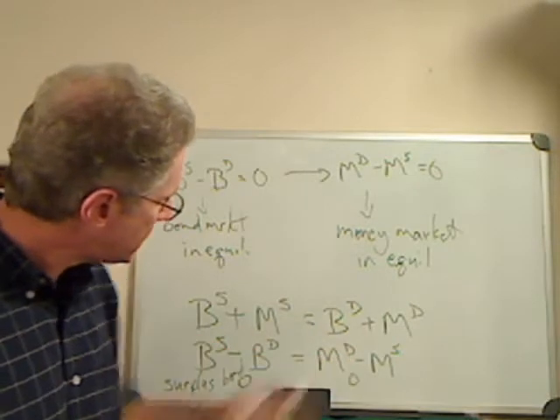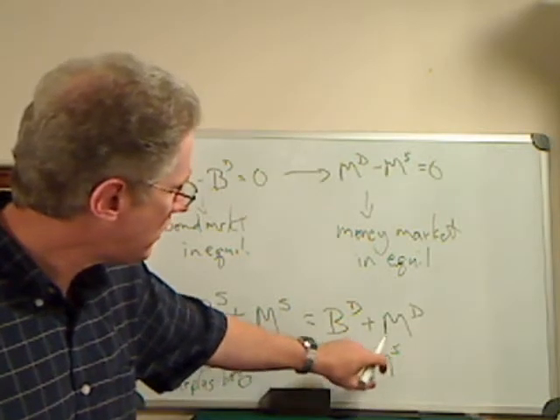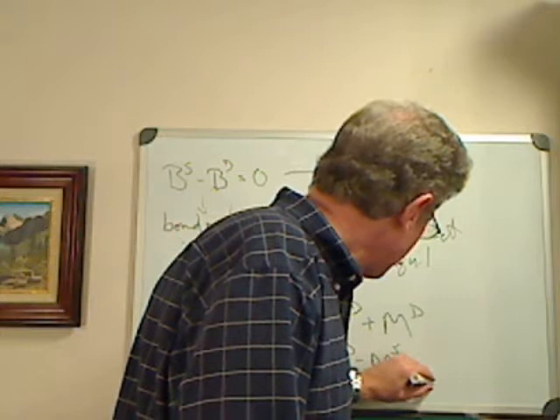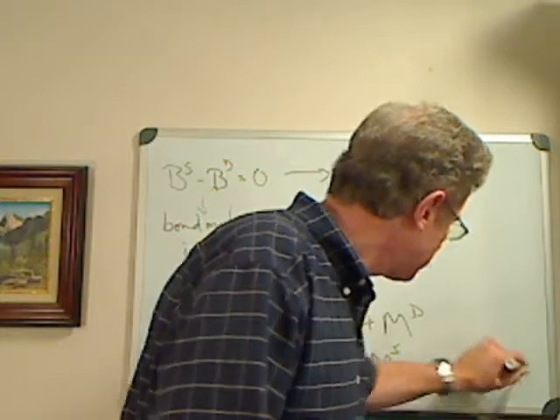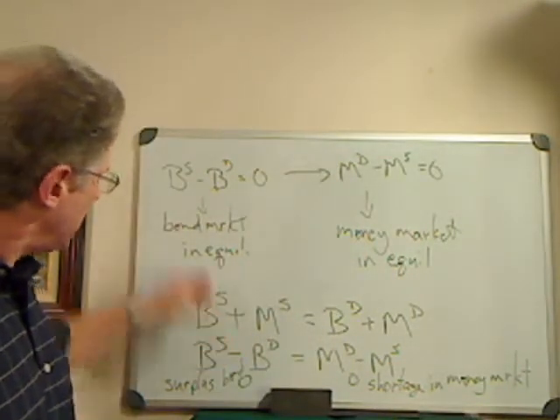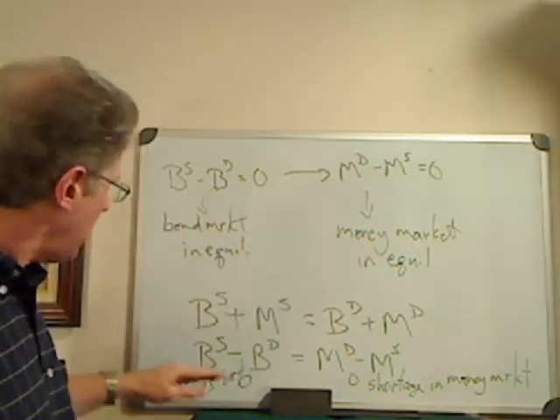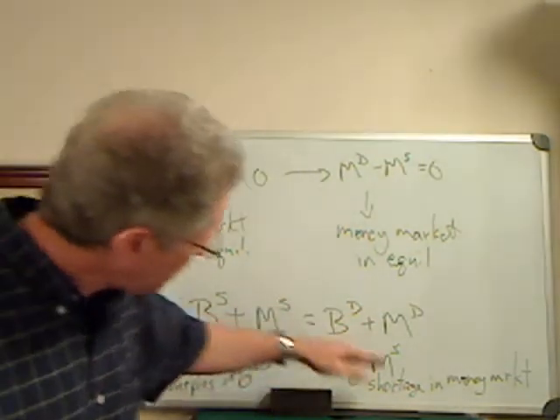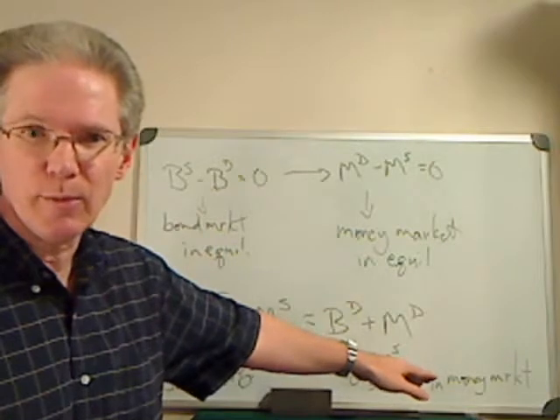For this side to be positive means that quantity demanded of money is greater than the quantity supplied of money. So that would mean you have a shortage in the money market. Here we said if we're in equilibrium in the bond market, we must be in equilibrium in the money market. Now we're saying if we're not in equilibrium and we have a surplus in the bond market, that implies we must have the opposite in the money market. There must be a shortage in the money market.